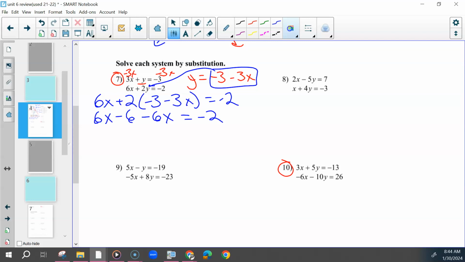They cancel out. So we have just negative 6 equals negative 2, which would be false. What type of solution? No solution. Because your variables canceled and they're not the same number. Questions on that one before we do 10?